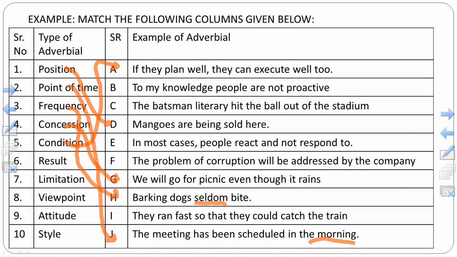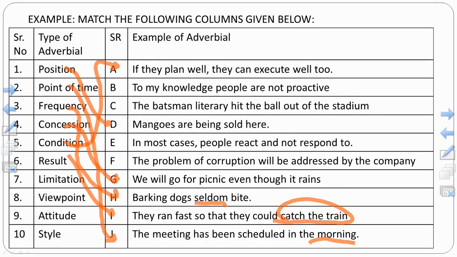I will be the answer. They ran fast so that they could catch the train. So in order to catch the train, they ran fast, and the result of that is they succeeded. So this is result.